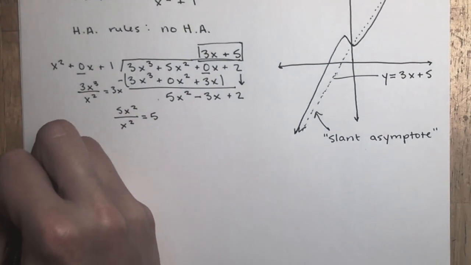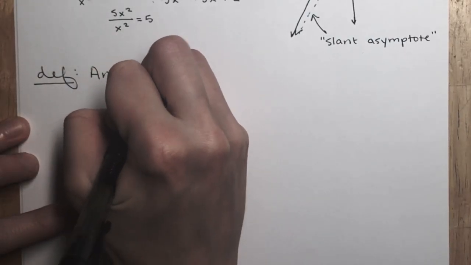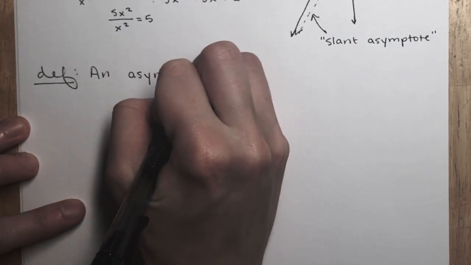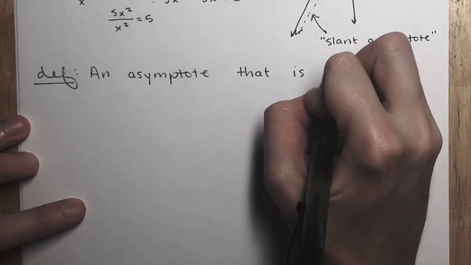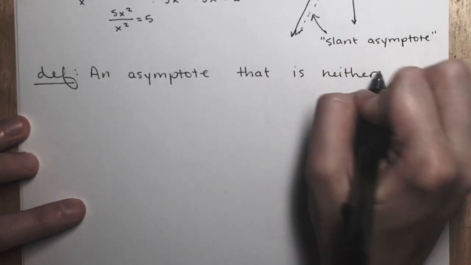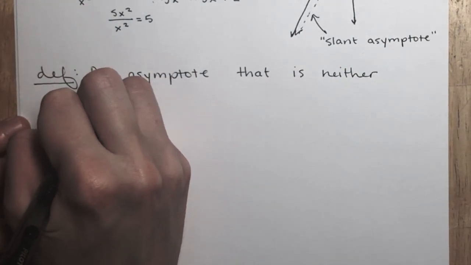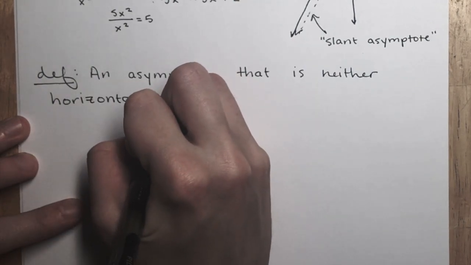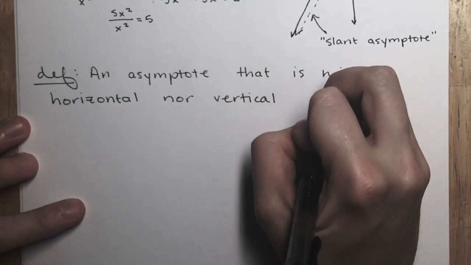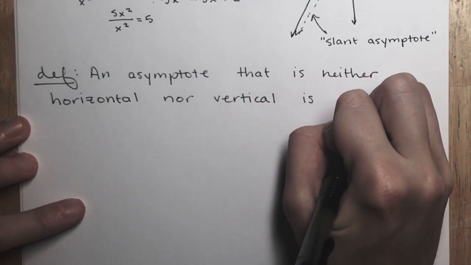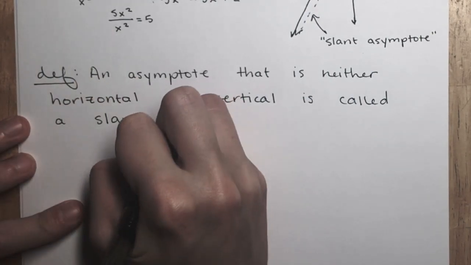So let's define that. Definition: an asymptote that is neither horizontal nor vertical is called a slant asymptote.